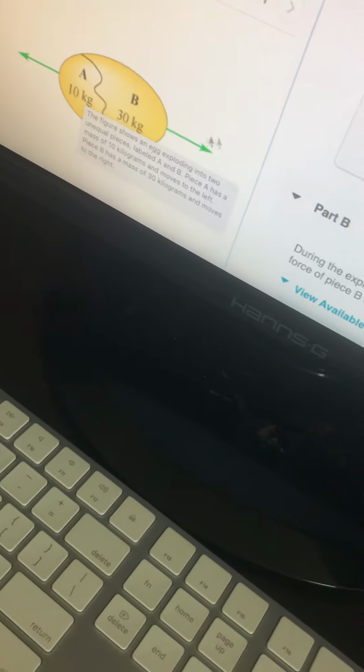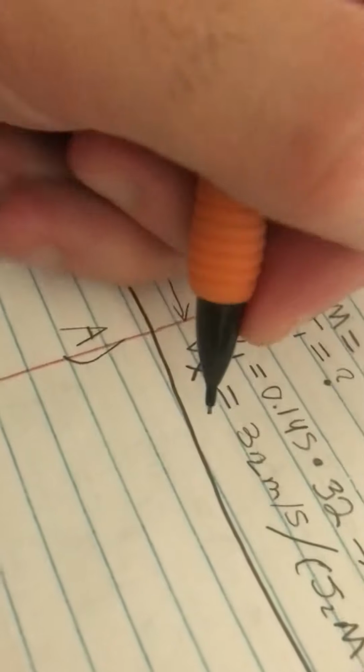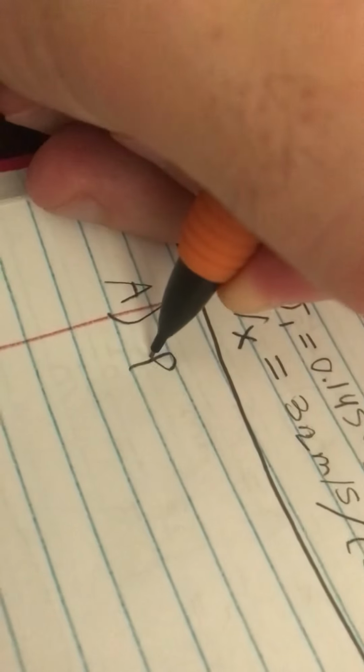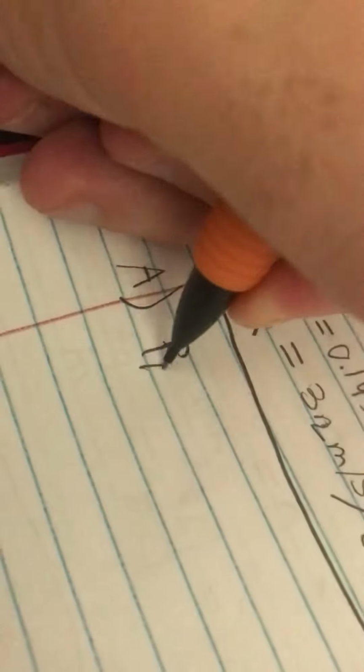Mass times velocity, so we have 0 as part A. So the momentum, which is written in the form P A i, is just going to be 0 kilograms times meters per second.